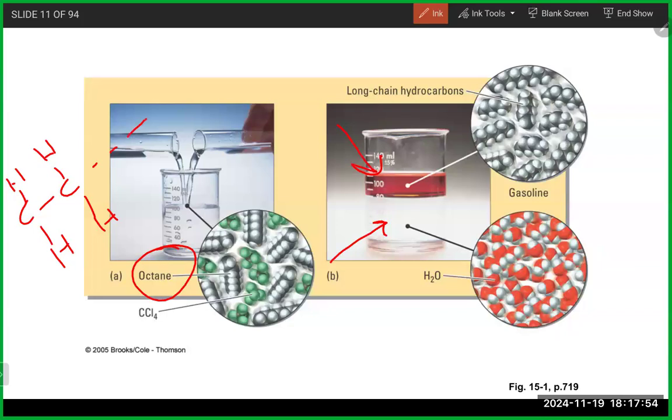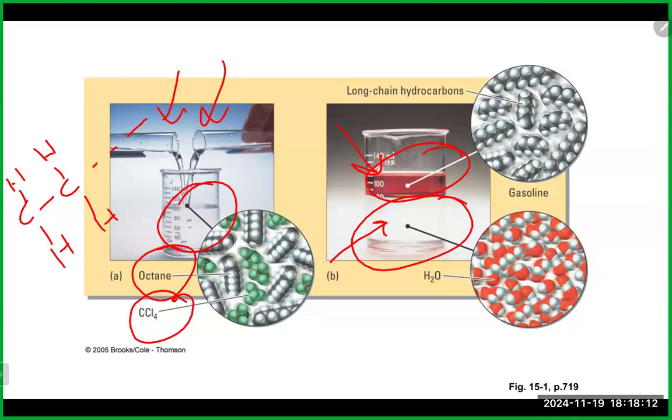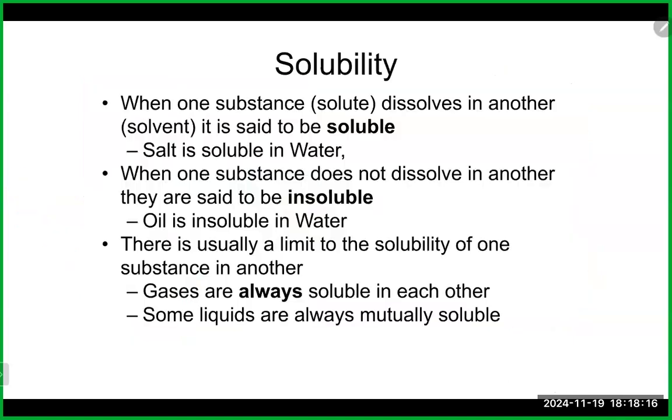That's nonpolar. Carbon tetrachloride is nonpolar. So when we mix these 2 nonpolar liquids, you can see everything mixes in one layer. There's no layering happening. Obviously here, nonpolar and polar coming together with our water, we get different layers that occur because they're immiscible. The guy on the left there would be miscible in each other.